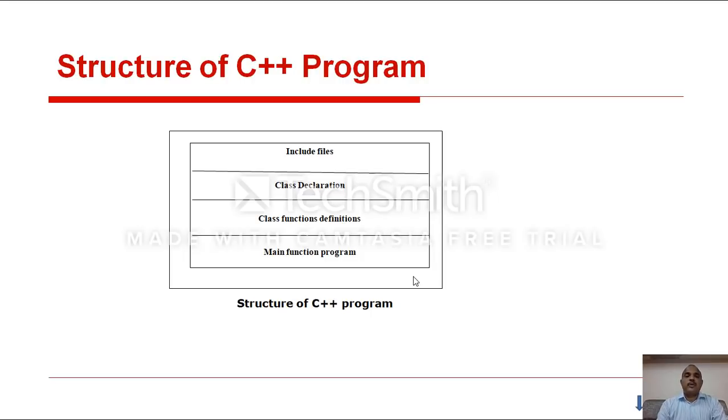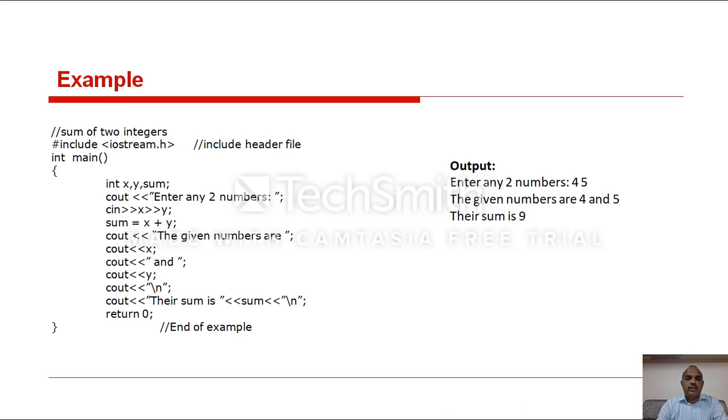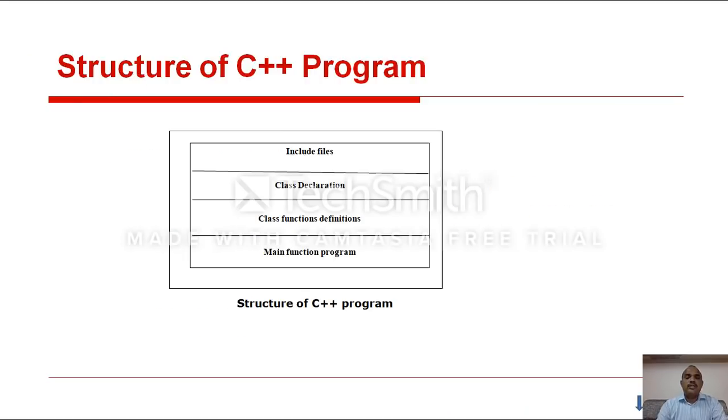Structure of C++ program. This is the structure of a C++ program. It contains 4 sections. The first one is the include files, second one class declarations, third one class function definitions, fourth one main function program.